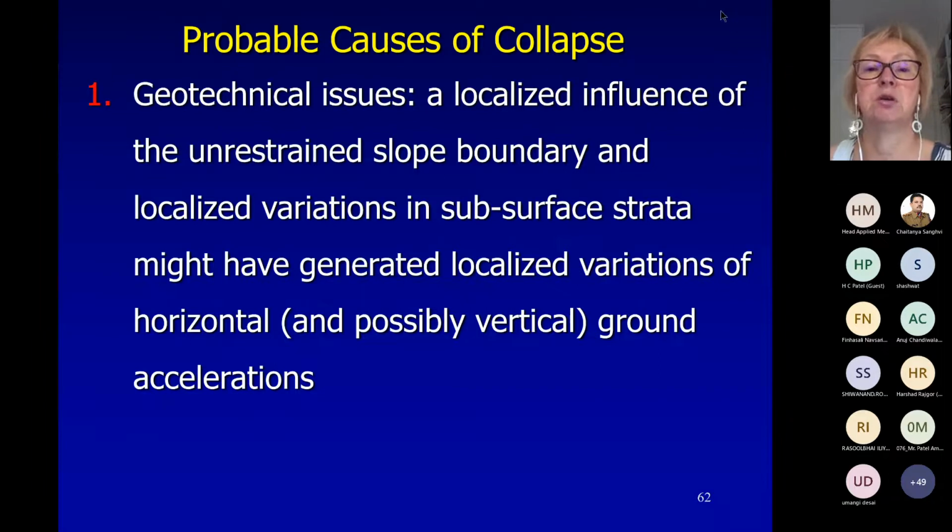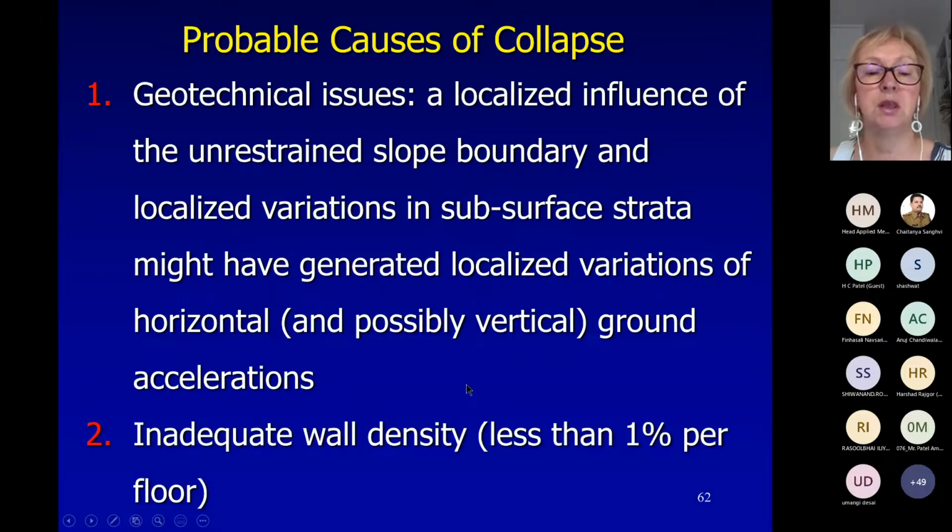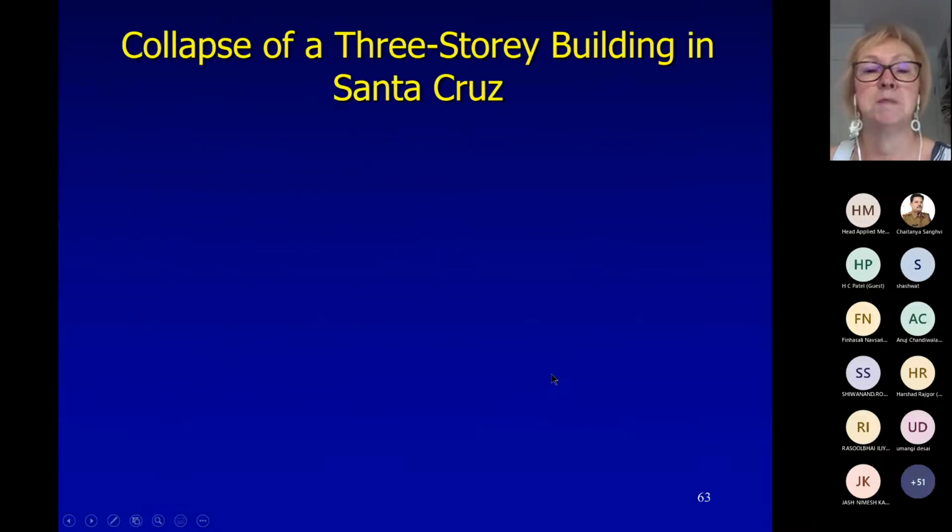In this building, the localized influence of the slope, boundary, and variations in subsurface strata might have generated localized variations of horizontal and possibly vertical ground accelerations. And second, inadequate wall density: the calculated wall index at the ground floor level was less than 1%. And it is a very high seismic zone. Obviously, it was in the epicenter of the magnitude 8.8 earthquake.